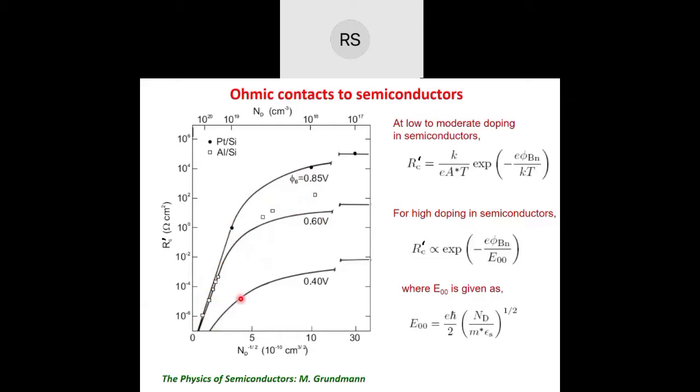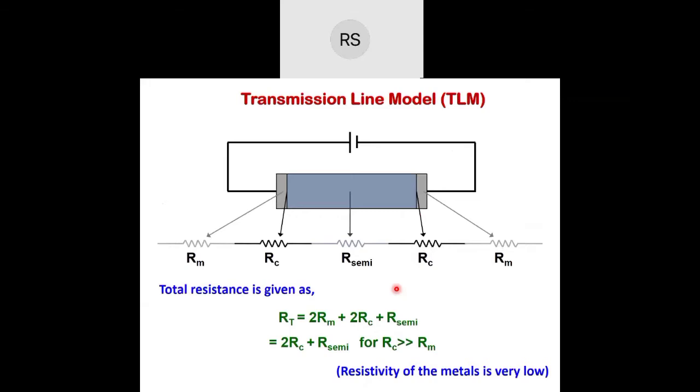So while fabricating an ohmic contact, from the physics point of view, the metal you choose should have low barrier height, and the semiconductor layer beneath the metal contact should be heavily doped, and then you can get a very good ohmic contact. And now I am coming to the transmission line model for measurement of the ohmic contact.